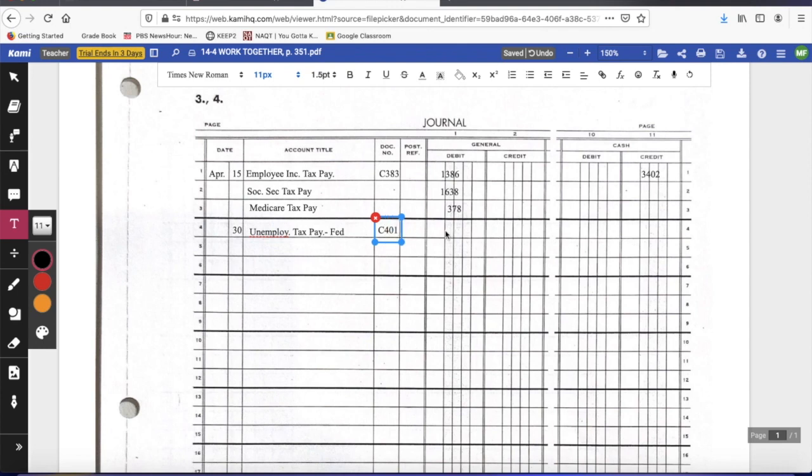And because it told us we owe a check of $100.80 to the feds, we're also going to have to credit cash for the same amount over here, just for the same reason that we had to do it up here. Because this is a liability, we're taking away cash. So what happens in the debit has to happen in the credit at some point. So you're going to put $100.80. Okay? So you did that for the federal.